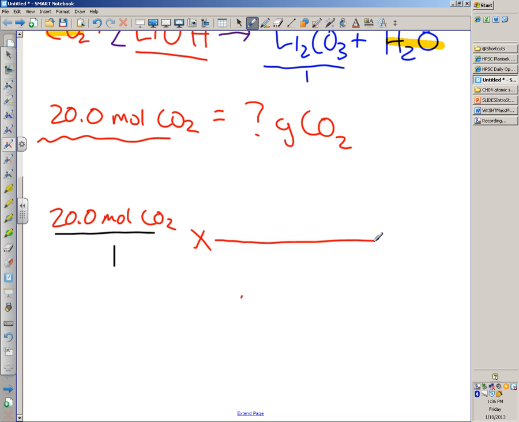Times, fraction bar. Now, I always tell you guys to go by the unit, and it's going to be a little bit more important later on today. What unit are we trying to get rid of in this problem? Moles, specifically moles of carbon dioxide. What are we trying to end up with?